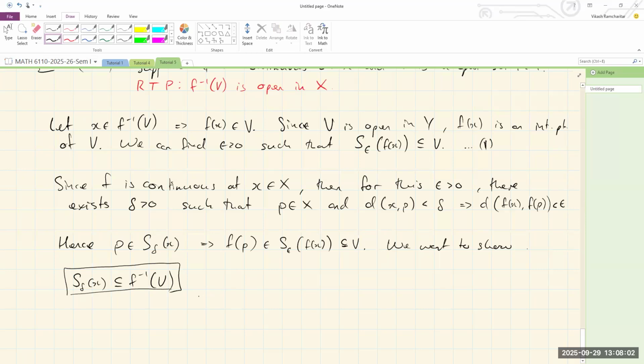Okay, so I already know x is within there, right? I already know x is within here. So I just need to show x is within this guy.